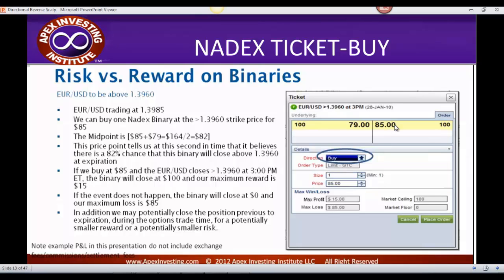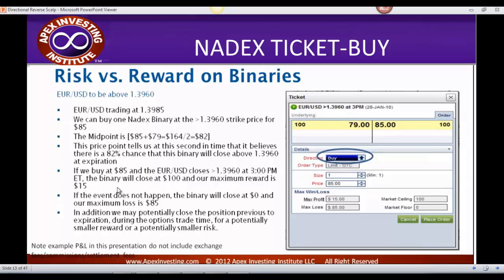That will be the case. That event will happen. So I'm saying yes. If I'm buying at 85 and it does close above at 3 p.m., the binary would be worth $100. So my maximum reward will be $15.